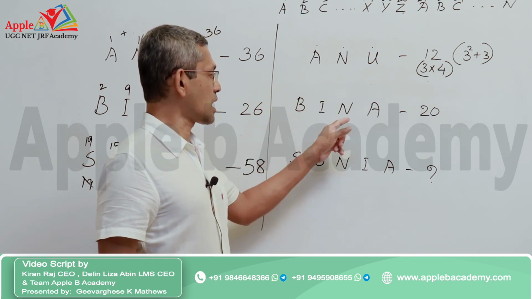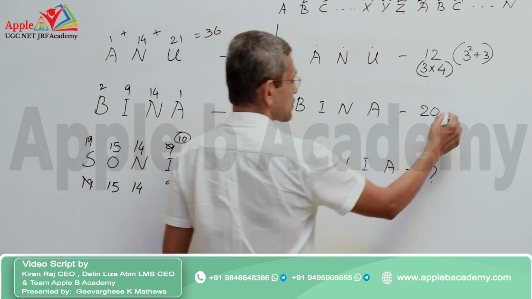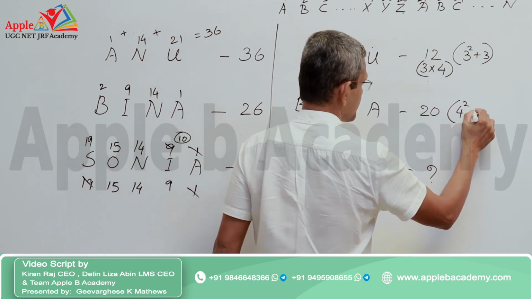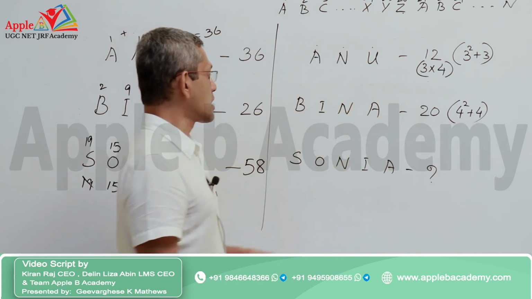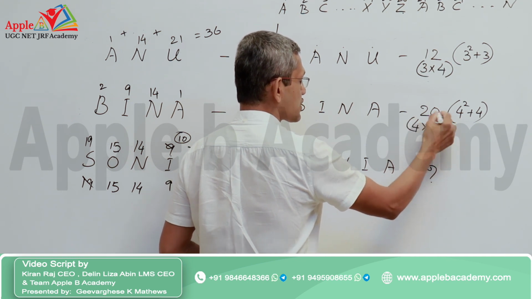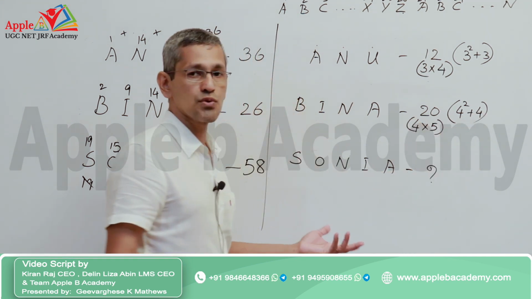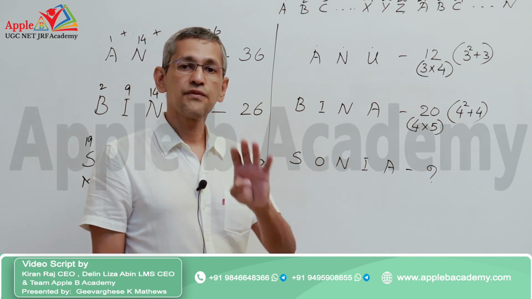Now next one, Bina. How many letters? 4 letters. What do we do? We'll take 4 square plus 4, or 4 into the next number, 5. So 4 into 5 is 20, or 4 square plus 4 is 20. So how about Sonia? We have 5 letters, right?